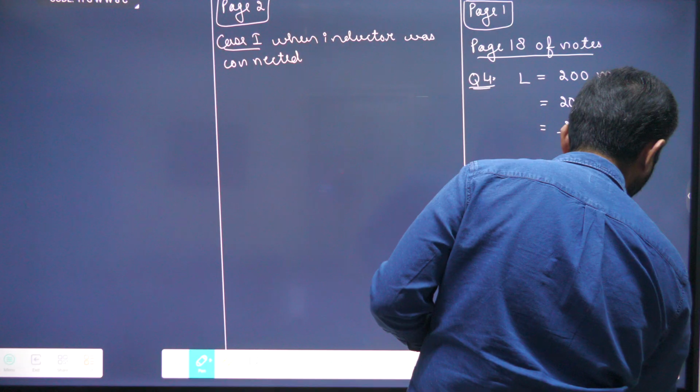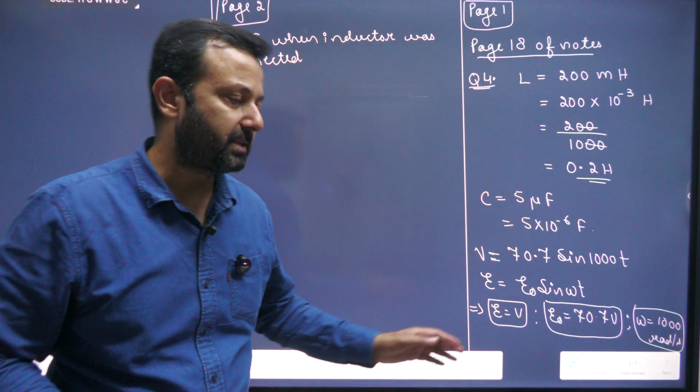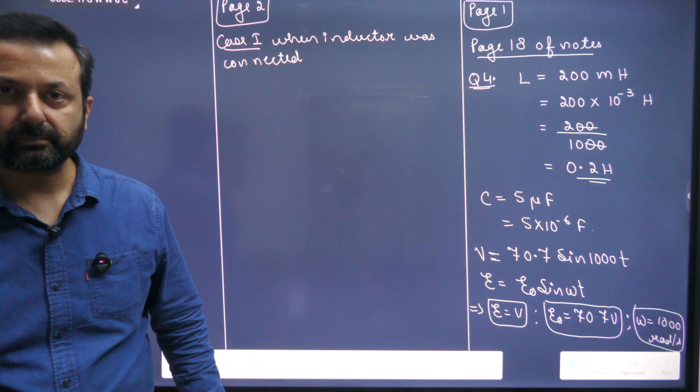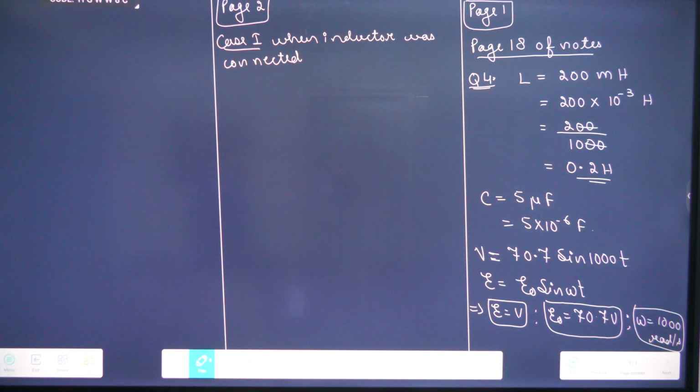What is the unit of omega? It is radian per second. So is that clear to you? Tell me. Yes. Okay. Now, what they are asking, just look.